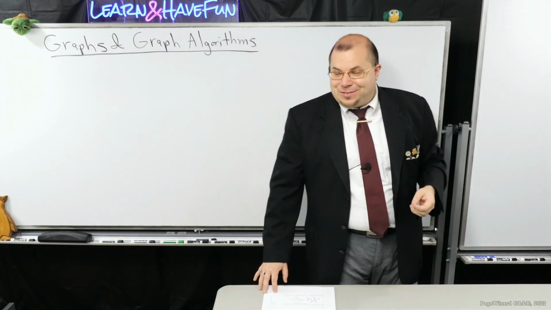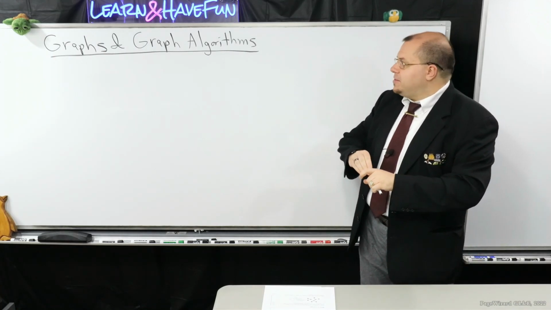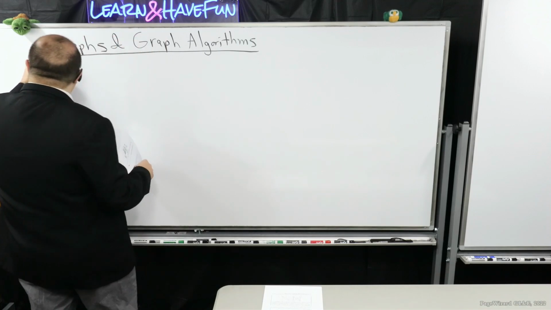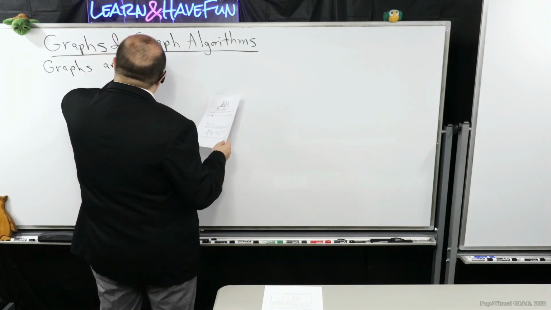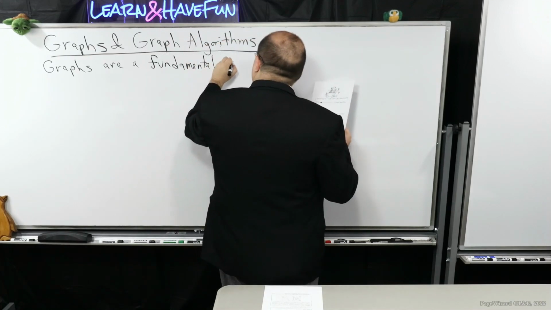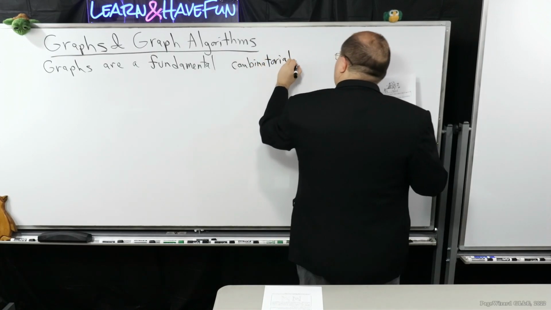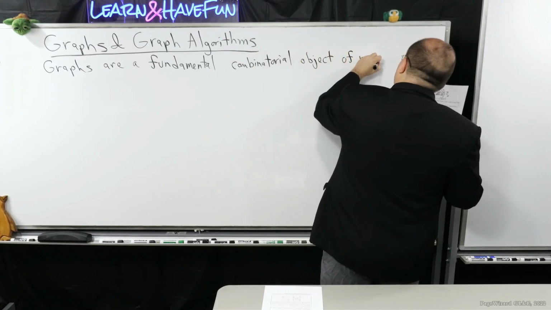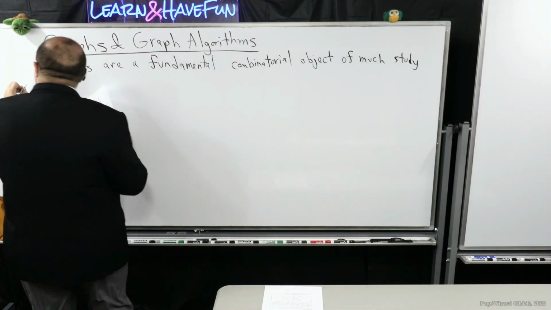It'll look better afterwards. But anyways, let's start talking about what a graph is. So I think that's a good place for us to start. The first thing I really want you to know is that graphs are a fundamental combinatorial object of much study in the mathematical sciences.